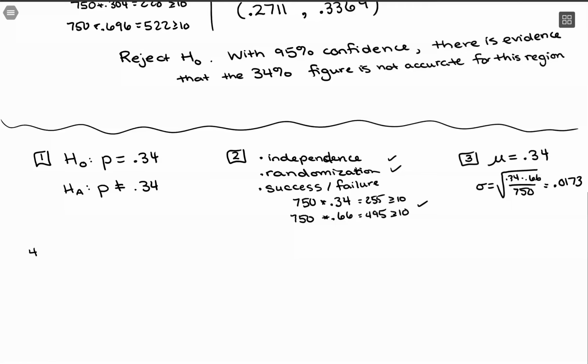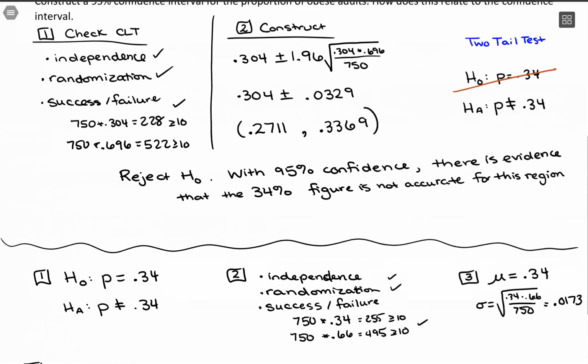And now it's time for the p-value. So this is the case of a two-tailed test. So we'll have 0.34 in the middle there, but what we want to end up with is these two tails. Now our sample statistic that we're plugging in there is the 0.304 from up above.